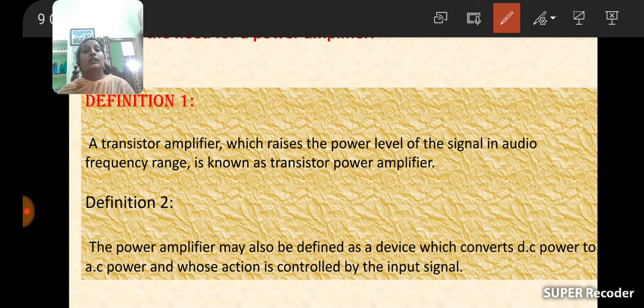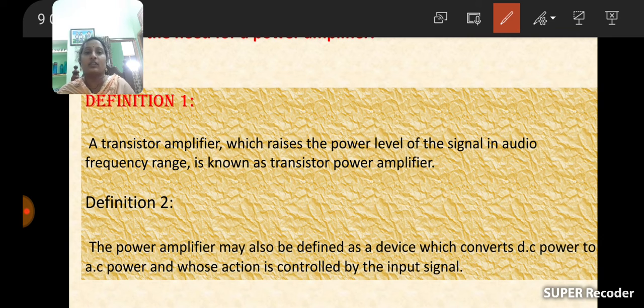If we raise the power level of the signal, then it is called a power amplifier, under one condition: we raise the power level of the signal in the audio frequency range. Then only it is called a transistor power amplifier.